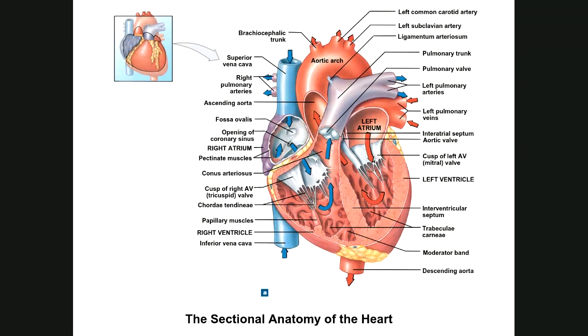This is why the fossa ovalis helps this poorly oxygenated blood to enter the right atrium. So once this poorly oxygenated blood is in the right atrium, it goes to the ventricle.